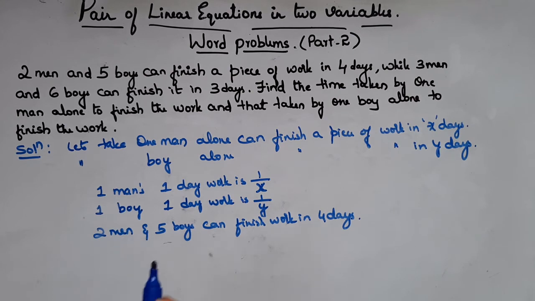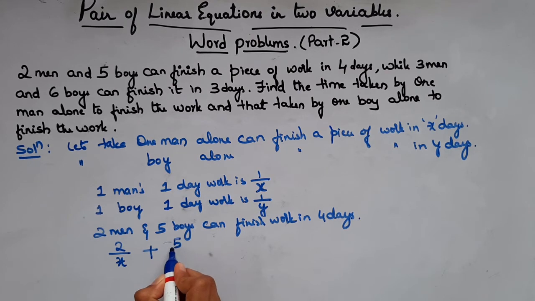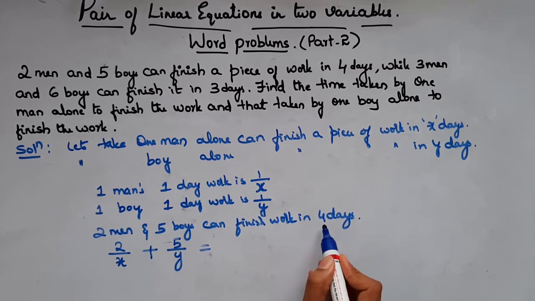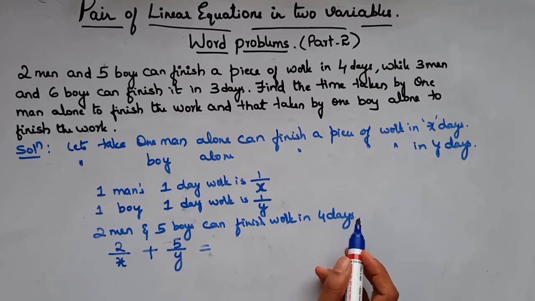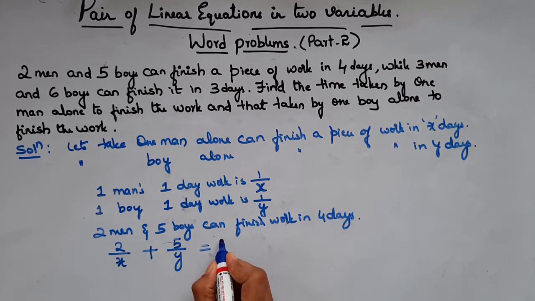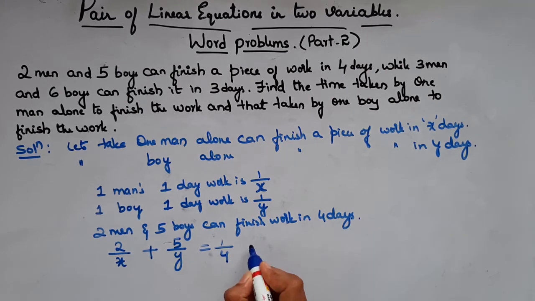So 2 men's 1 day work is 2 by X, that is 2 into 1 by X, plus 5 boys' 1 day work is 5 into 1 by Y, that is 5 by Y, right? The both of them will take 4 days to complete, so the work done in 1 day is 1 by 4, right? So let's take this as equation 1.